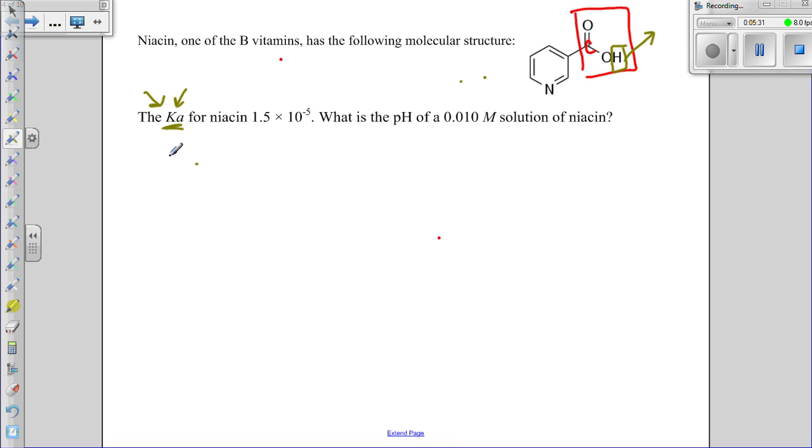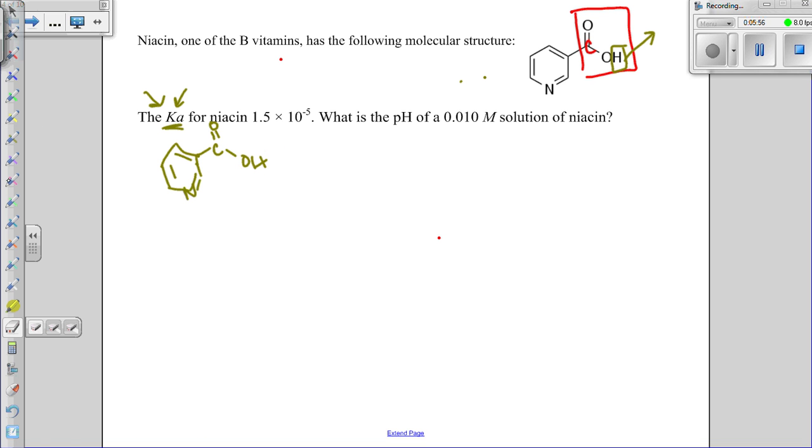Here we've got niacin, so I don't really want to write this all out, but I'm going to do it anyway. So we've got, this should be nitrogen. Here's our double bond. Carbon, double bond oxygen. Oxygen with a negative, whoops, this should be hydrogen.